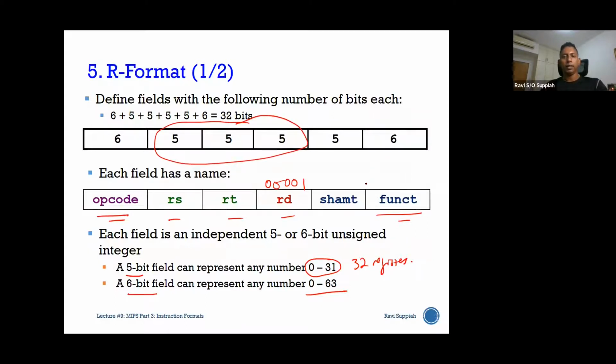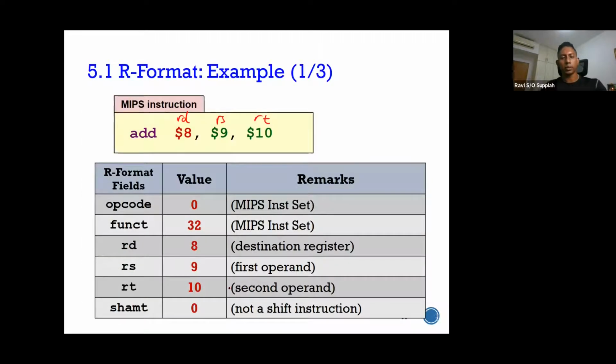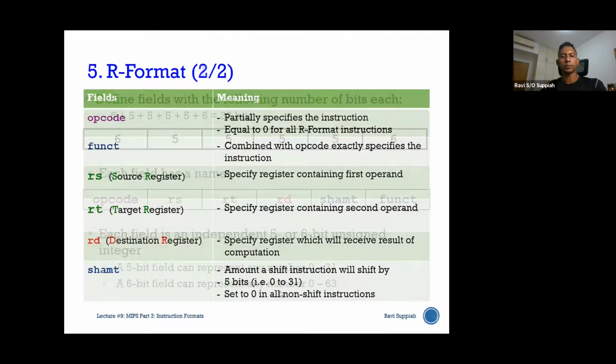If it is not a shift instruction, then the shift amount will be 0. All these 5 bits will be 0, so that is what is shown here. The only thing left is the opcode and function field.